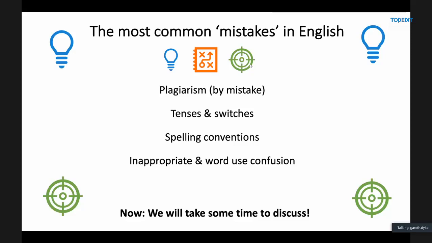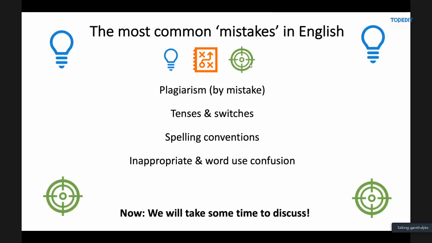Now we're going to switch and start to learn about what people often do when they write as a non-native speaker. Here are the most common mistakes that people make. And often they're not mistakes, actually. They're just things that people tend to do when writing in a second language, when writing in English as it's not their first language, that makes it more difficult for people to understand what they're saying.